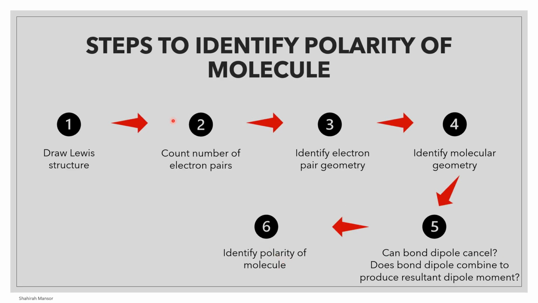So basically these are the steps yang you have to follow in order to identify polarity of molecules. So that's why it is very important for you to know how to draw Lewis structure correctly and also to identify molecular geometry correctly before you find the polarity of the molecule. Okay, nak tahu polarity bergantung kepada dua benda ni. Okay, Lewis structure dan juga molecular geometry.